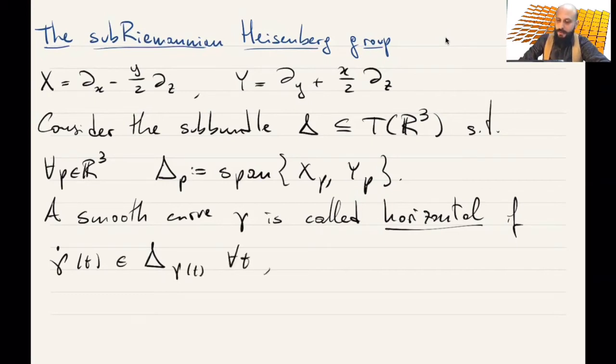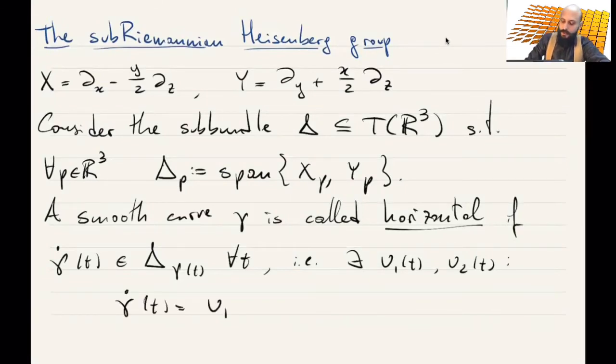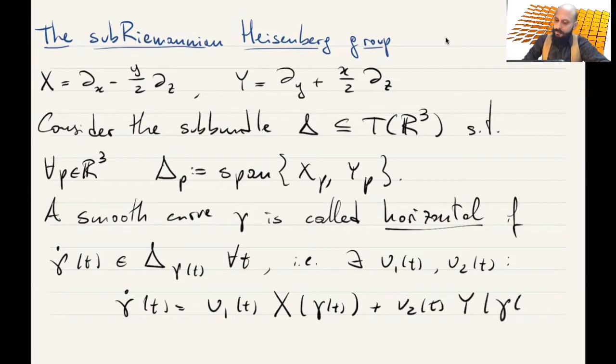In other words, for every time t there exist two numbers u1(t), u2(t) such that gamma dot of t is equal to u1(t) X at gamma(t) plus u2(t) Y at gamma(t). Okay, another name for horizontal is Legendrian.